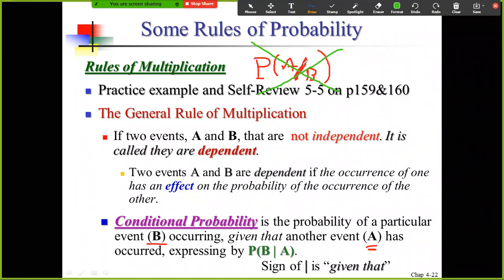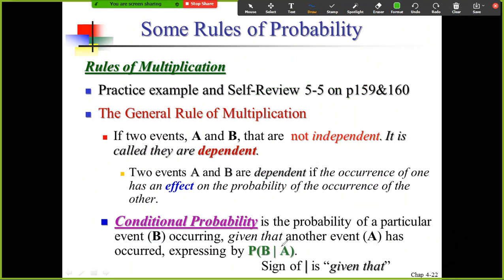Some students express it in this style, and this is wrong. It should be a straight vertical line, not a slanted line like this one.